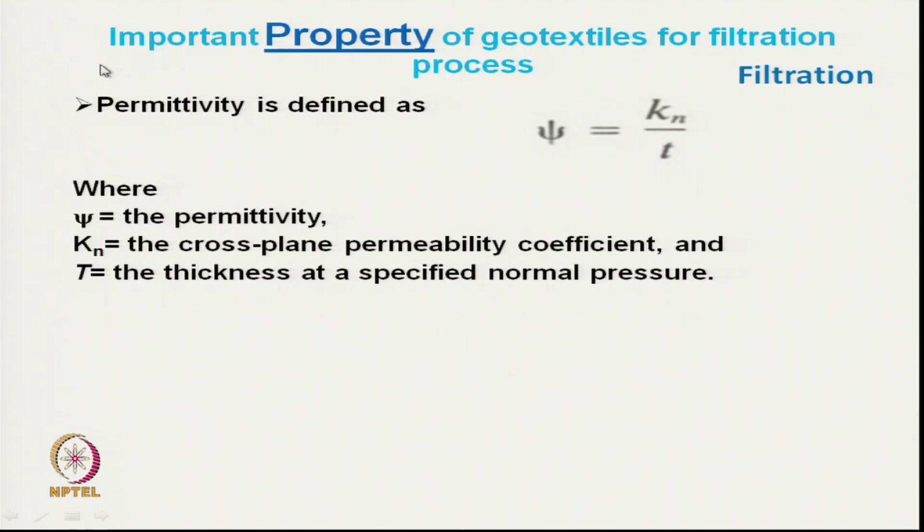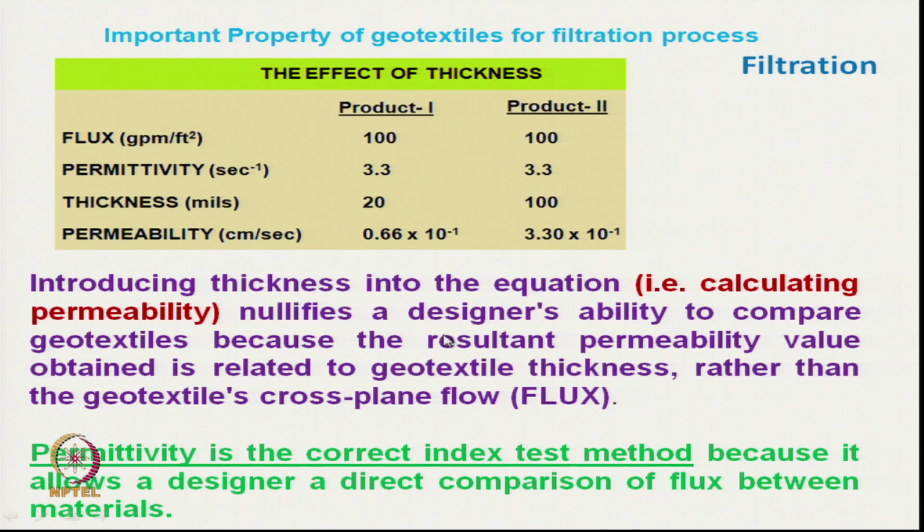So, this is the permittivity, but introducing thickness into that equation sometimes nullifies the designer's ability to compare the geotextiles, because the resultant permeability value obtained is related to geotextile thickness rather than the geotextile cross plane flow.